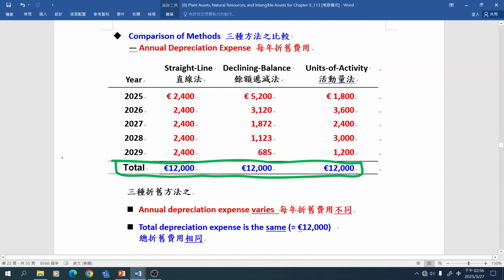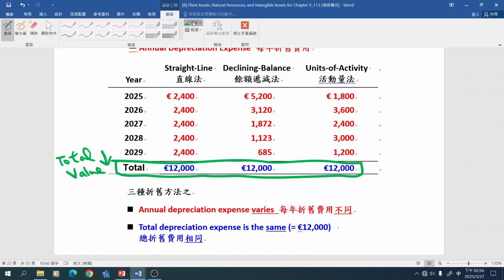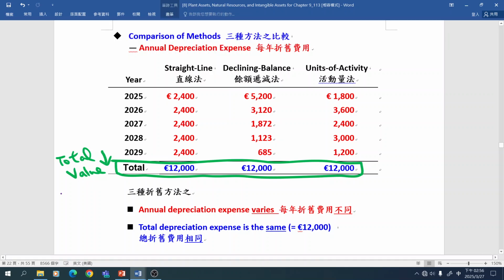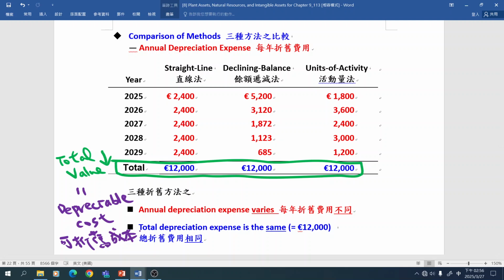So $12,000 is your total value decrease, what we call depreciable cost, right? 可折旧成本。Okay, so our problem is not $12,000 because we know it's $12,000.